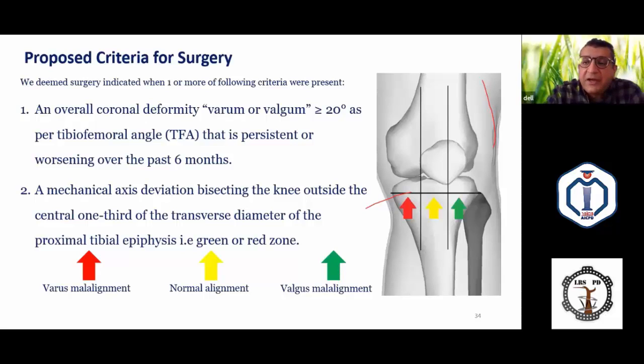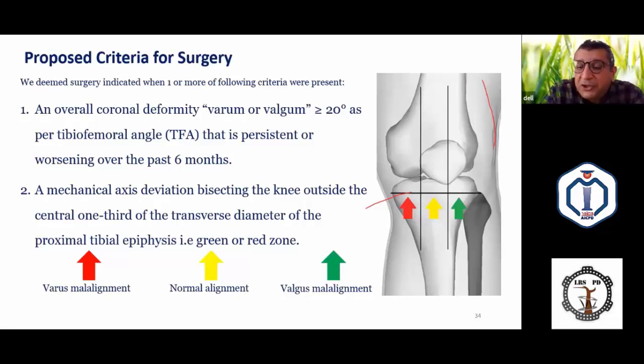So we have to give a chance to the patient and make sure that his deformity is not improving or resolving. And here we have set an overall valgus or varus of more than 20 degrees as per femoral angle. And we have also used the mechanical axis.